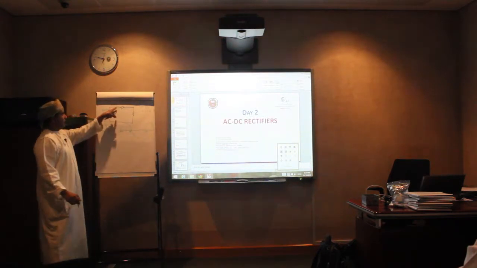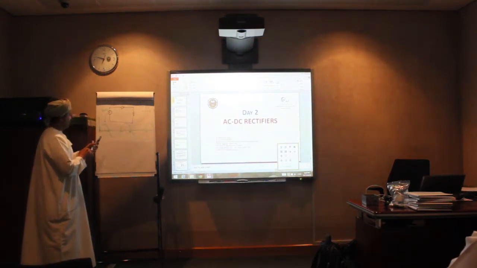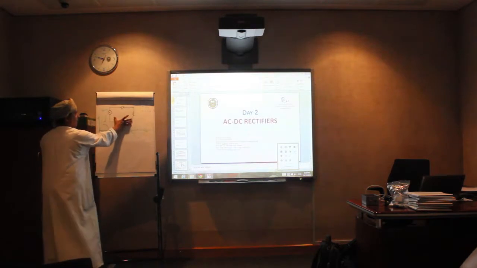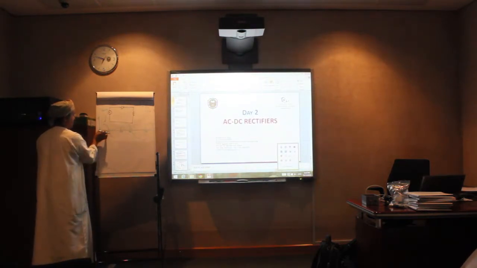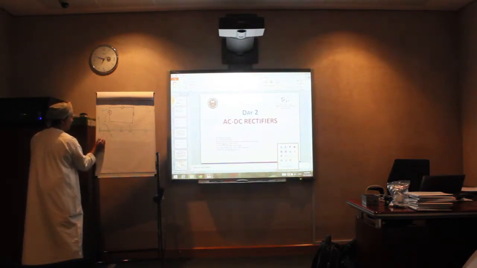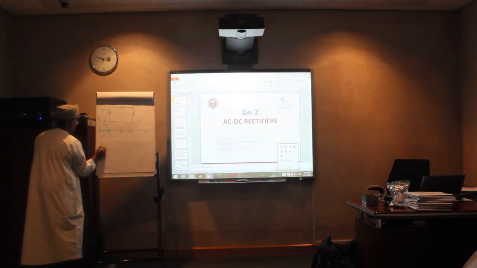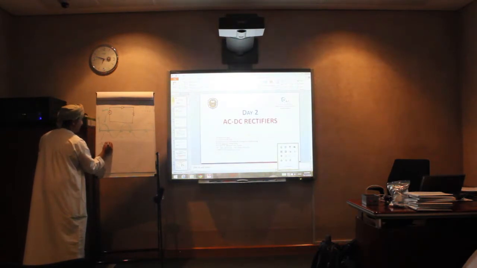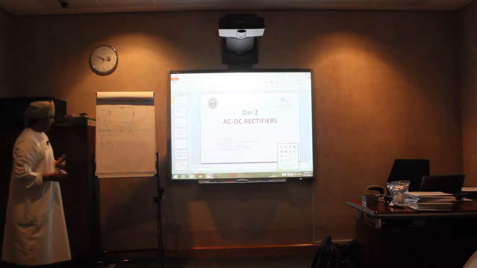So if I apply this to this interval and that interval, I can draw my circuit like this. This is positive, and this is negative, and this is my source. So my load.